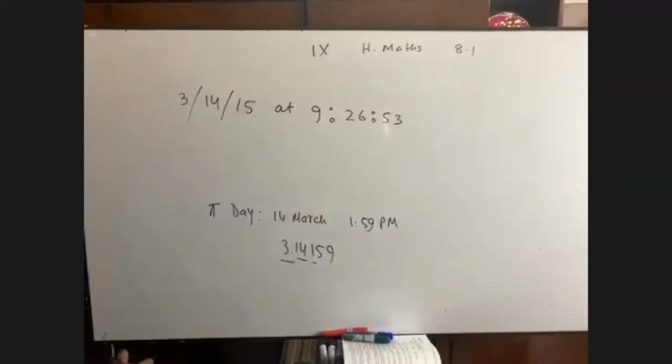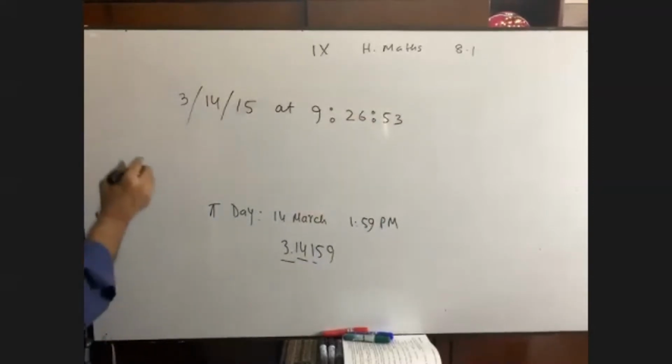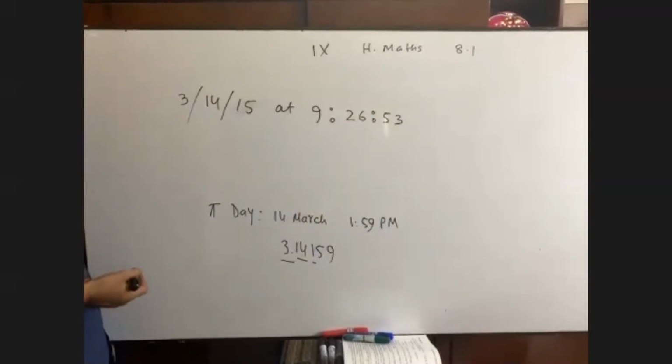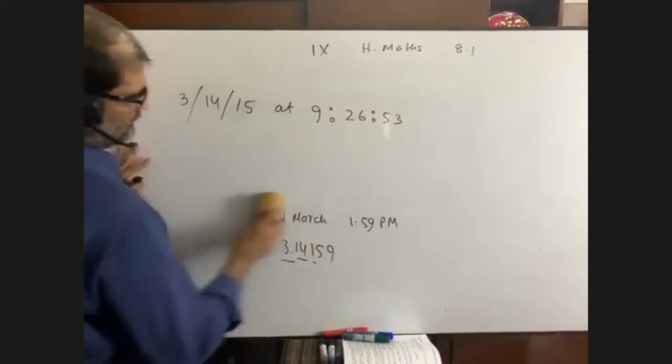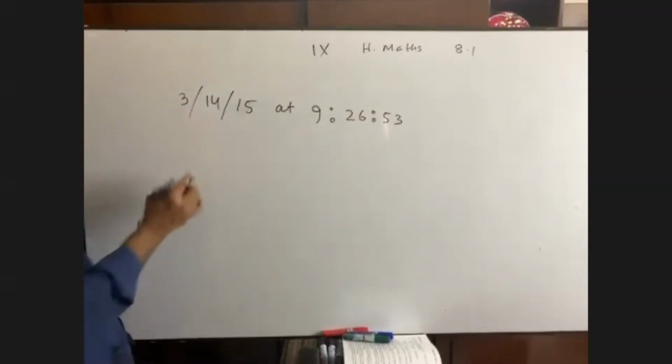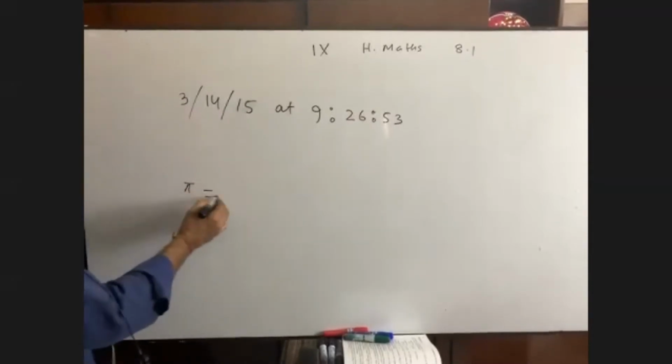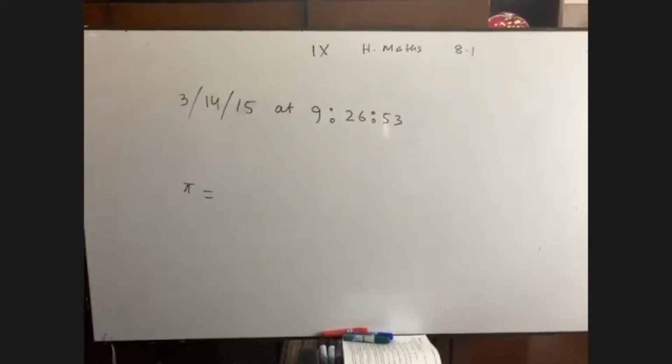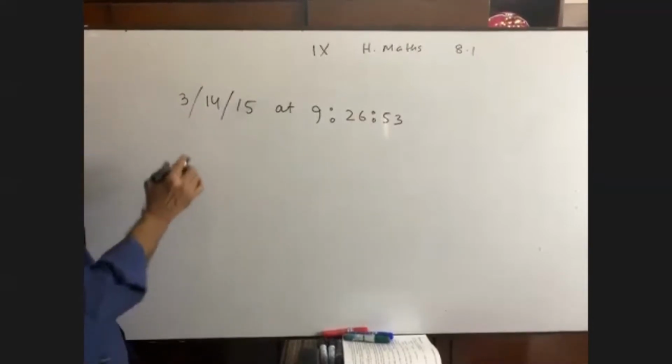Can you operate pi in your calculator? All of you, please talk to me. Sir, let me try. Just operate pi equal to, the calculator will talk. Oh no, sir, there are 3.14.